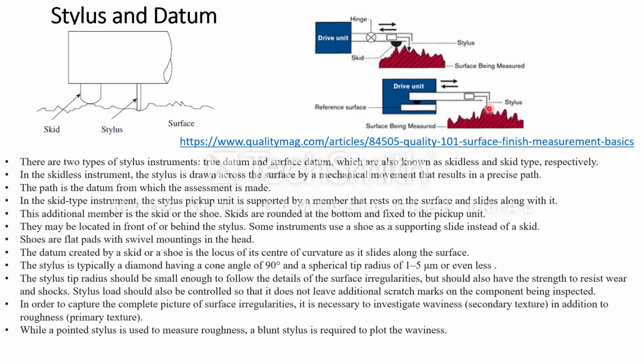So the stylus will be moving vertically and this movement is captured by a drive unit using some reference surface, or a datum surface we will be calling it. And now the path is the datum from which the assessment is made. Whatever path or particular job it is having is nothing but a datum for this drive unit. So this is nothing but a skidless type.